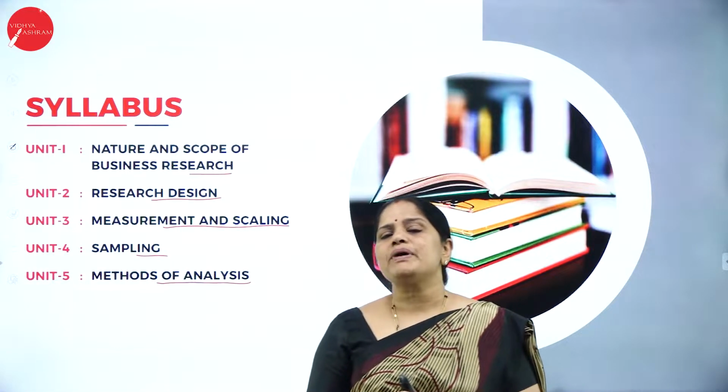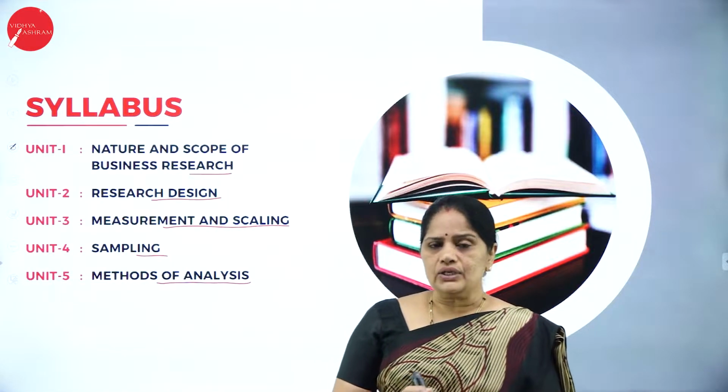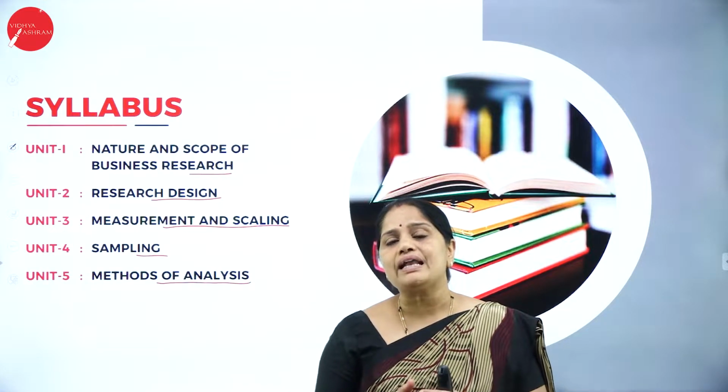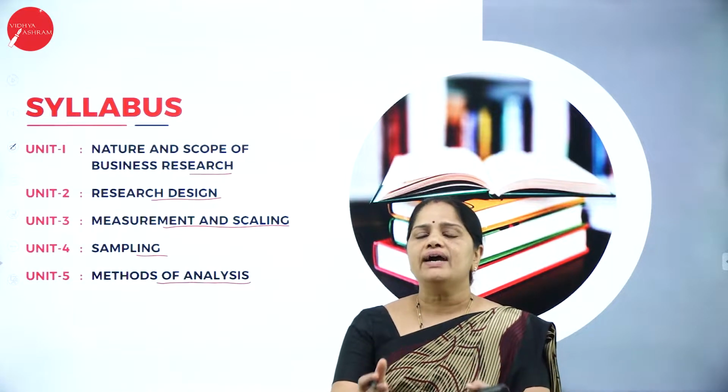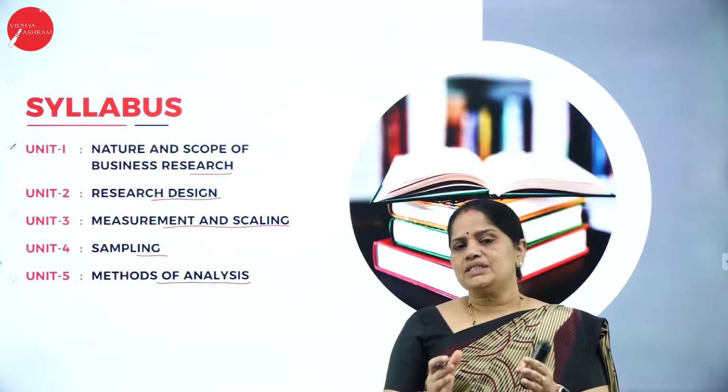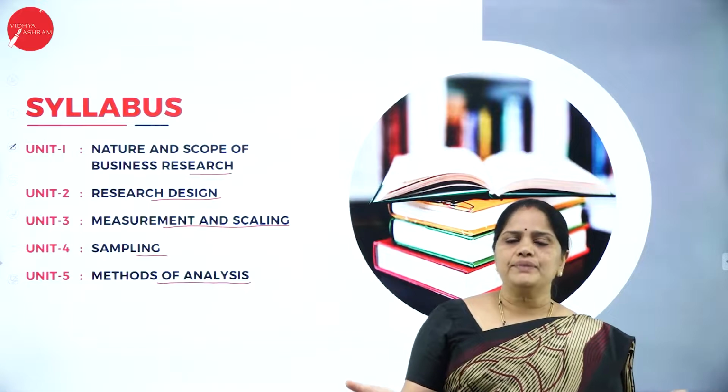Now, what is this method of analysis? In Unit 5, we will be studying the various types of analyzing the data, whatever we have collected. In the primary data, we will be just collecting the data from the public.